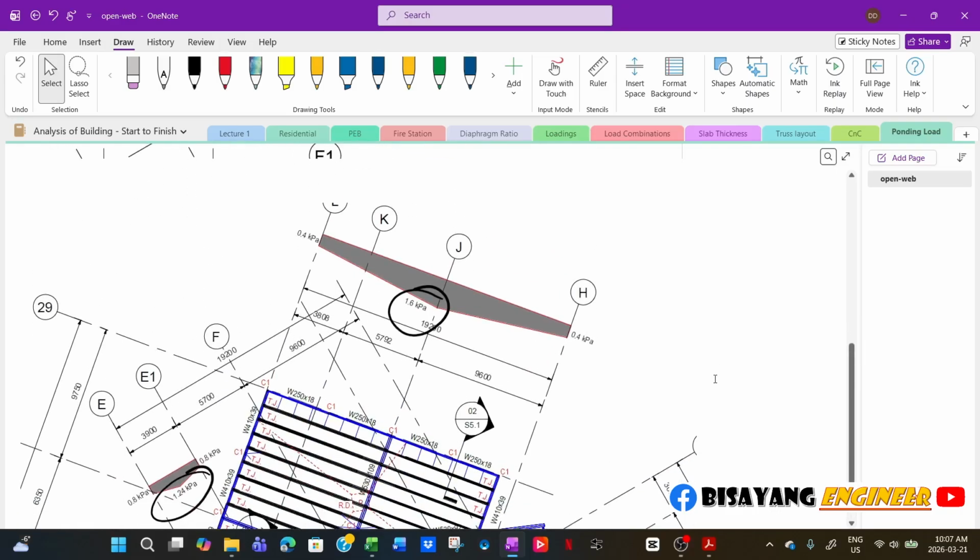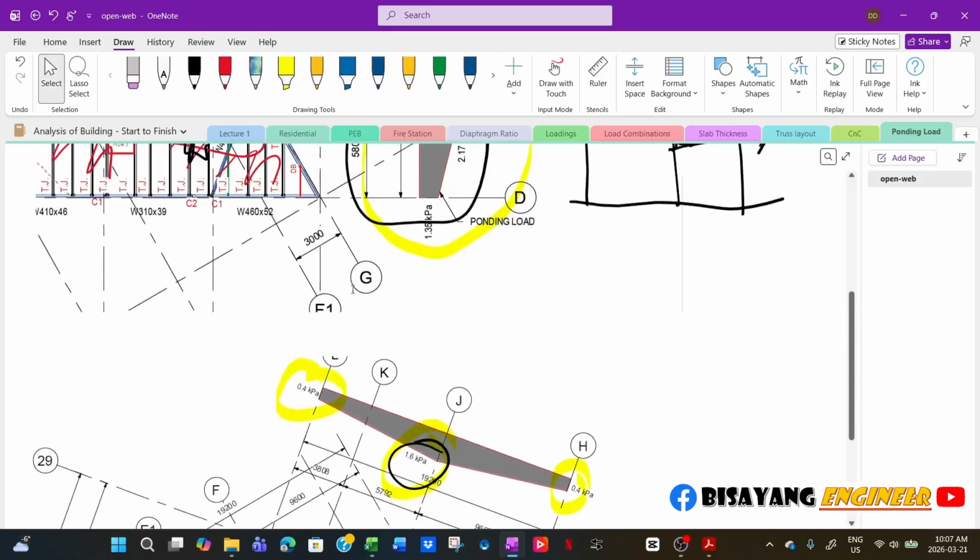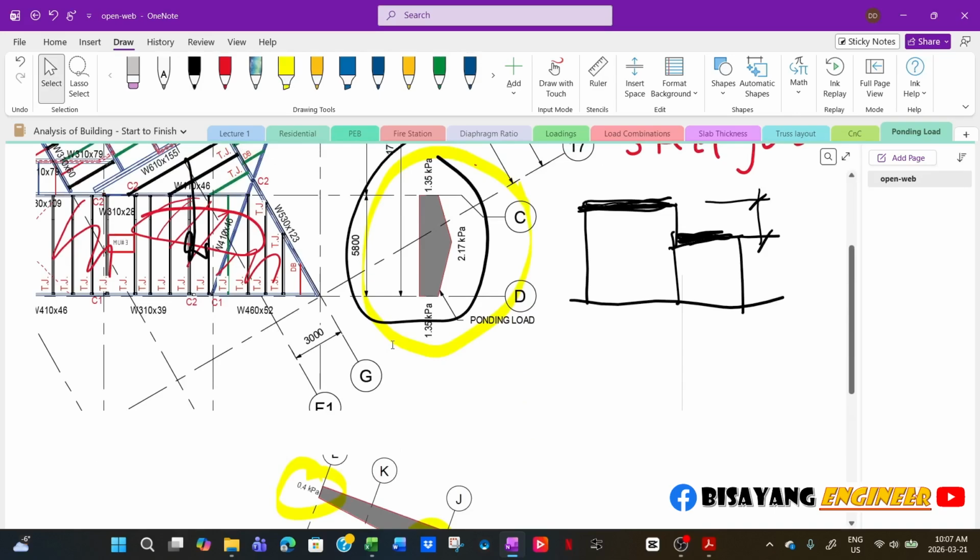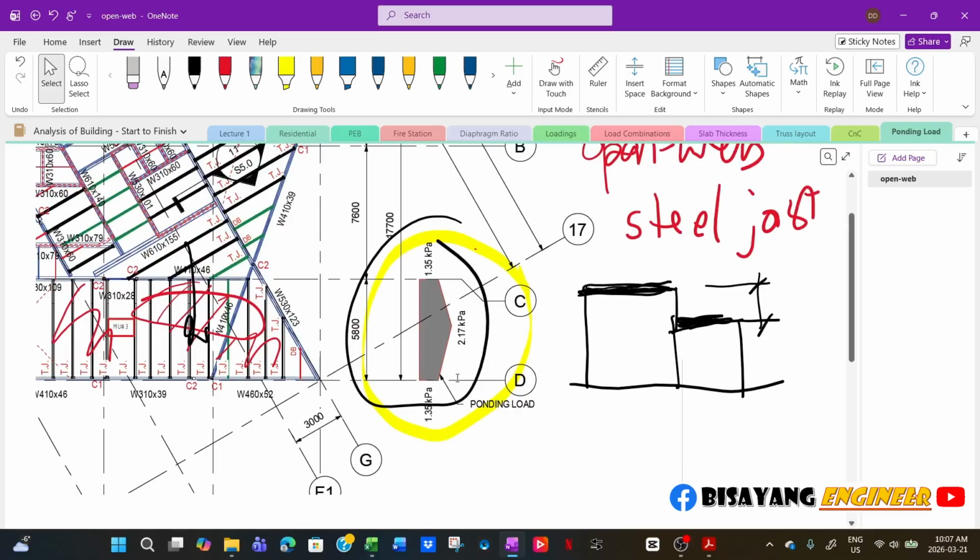That's the shape, or close to it, of the building. So in the upper roof, it's only 0.4 from the edge, and then 1.6, but in the lower roof, a portion of the upper roof drains into the lower roof. So that's why this one is much higher.